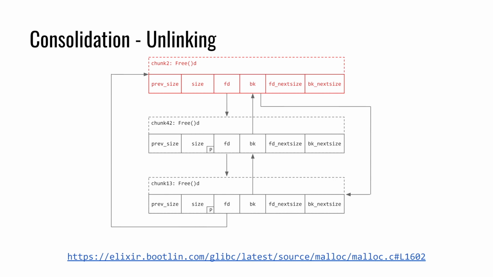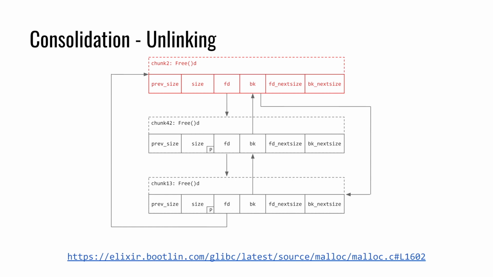So is there a way that I can update the list that chunk 2 is in without having to traverse all of these lists and try and figure out where chunk 2 is? The answer is yes, and that's why we have this doubly linked list. No matter what list chunk 2 is in, we can take the forward-backward pointer and set it to chunk 2's backward pointer.